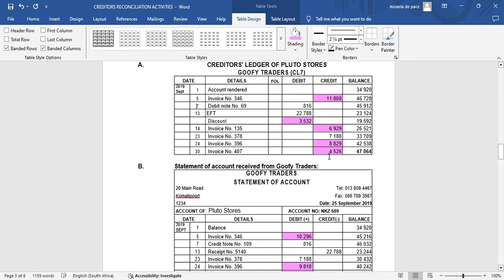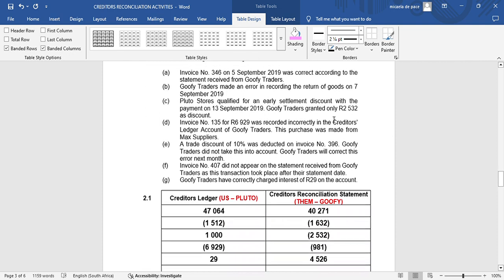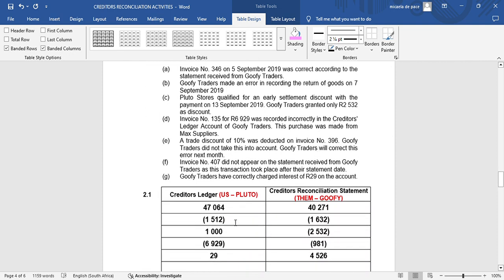We recorded an invoice that was actually for 10296 as 11808. So we recorded too much as an invoice. We said we bought more goods than we actually did. So to correct it now, you're going to decrease the amount that's owed to the creditor.